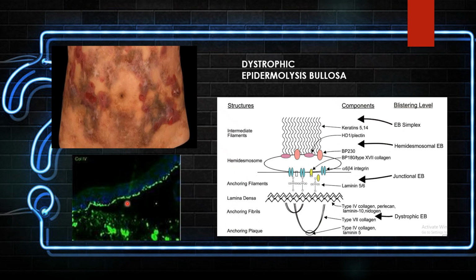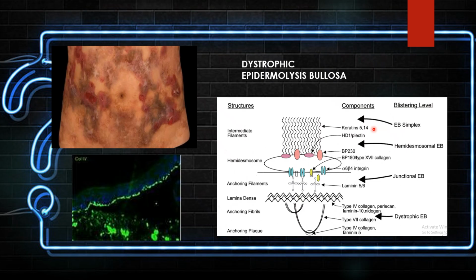You can see the blister here, and the important thing to note is that from your histopathology you would have seen that there are 3 types of epidermolysis bullosa: simplex, junctional, and dystrophica.